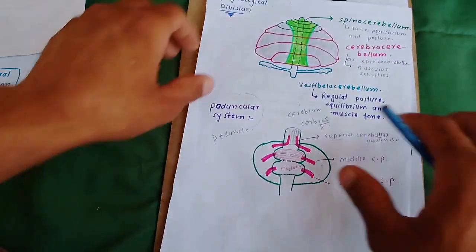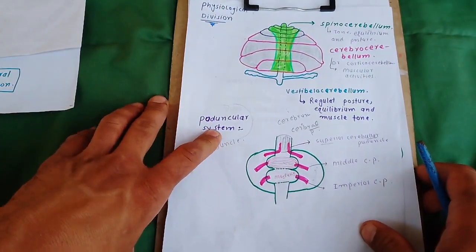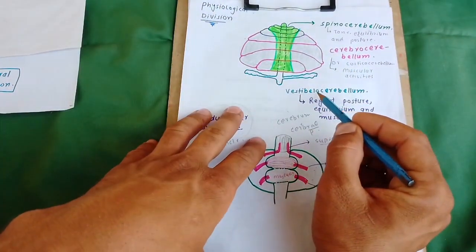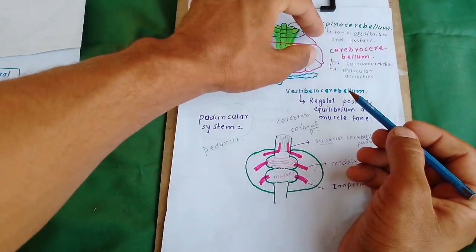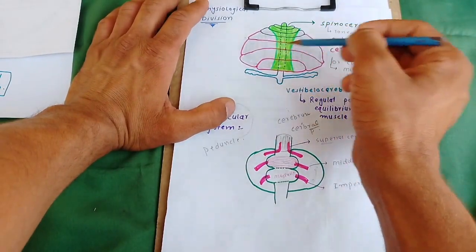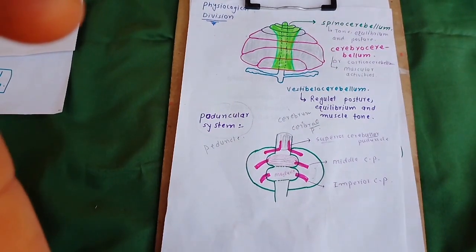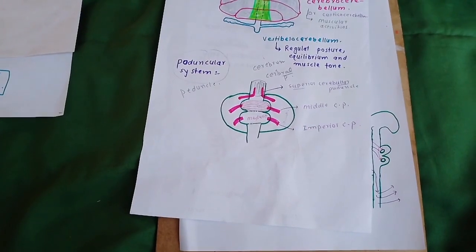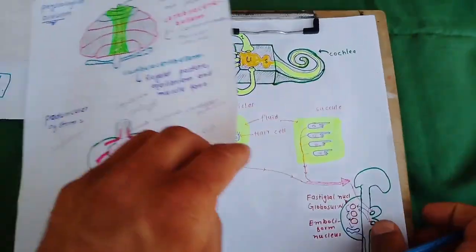Now I will discuss in big detail the function of the vestibulocerebellum, then the function of the cerebrocerebellum, this pink colored one, and then the spinocerebellum. Let's start again.